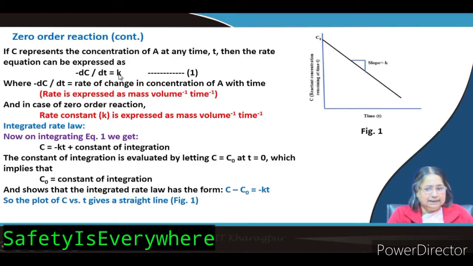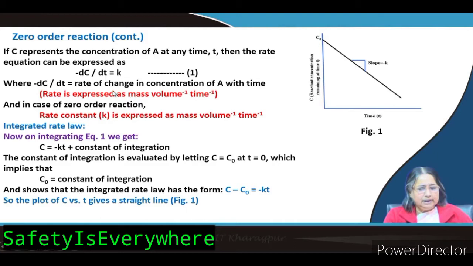But the rate constant, you see that in this case, is the same as the rate. So, for a zero order reaction the rate constant is expressed in the same unit as we express for rate. Okay. Now, the integrated rate law is easier than the differential rate law to visualize and to apply.